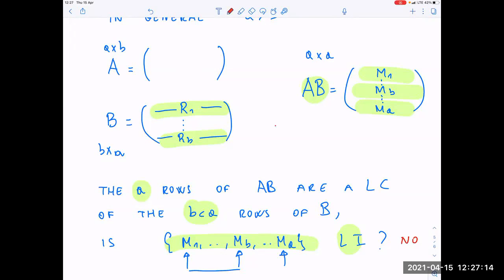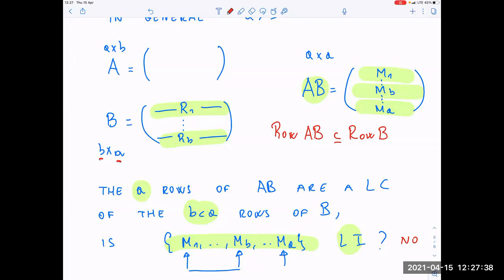So I just write it for you. The row space of AB is inside, maybe equal to, the row space of B, but cannot be larger. And so since B is smaller than A, this is why the rows of AB cannot be linearly independent.